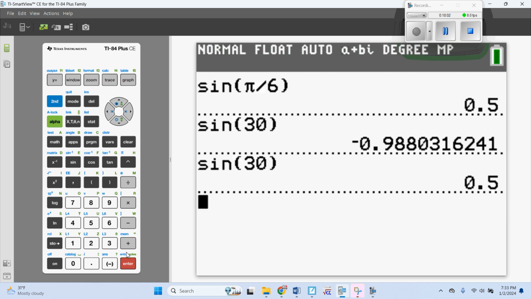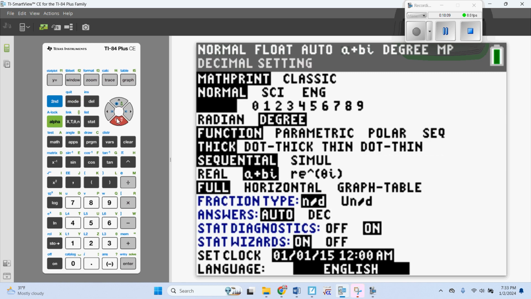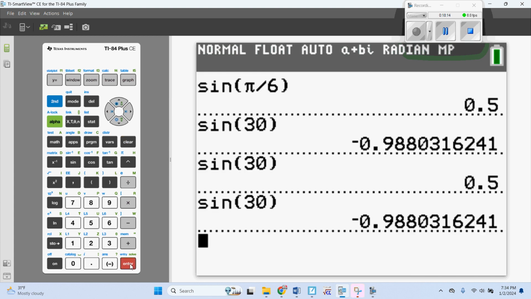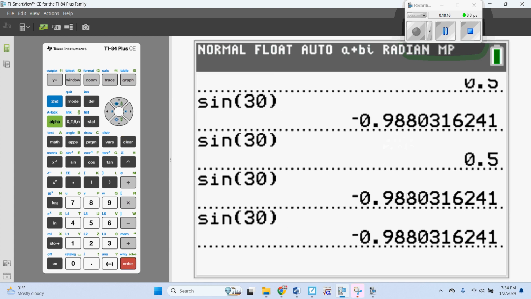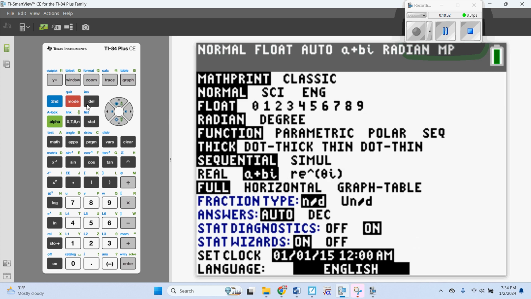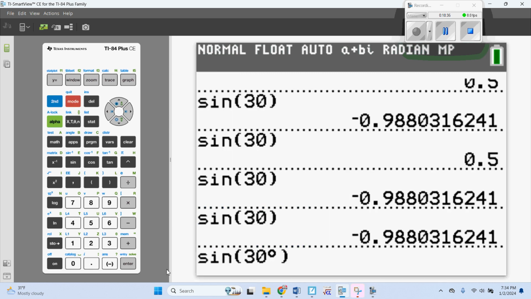Now, from something we looked at the other day with degrees, minutes, seconds, there's a way you can even override that. So let me show you that. If I have my calculator in radian mode, so sine of 30 is the wrong answer. If I would go in and do sine of 30, but then I go to angle and I put the degrees sign there, I am telling the calculator, hey, I don't care what the mode is, I want this to be degrees.